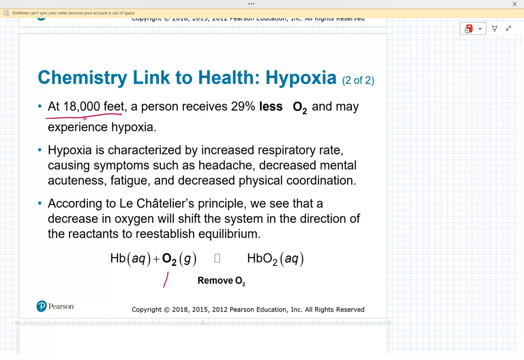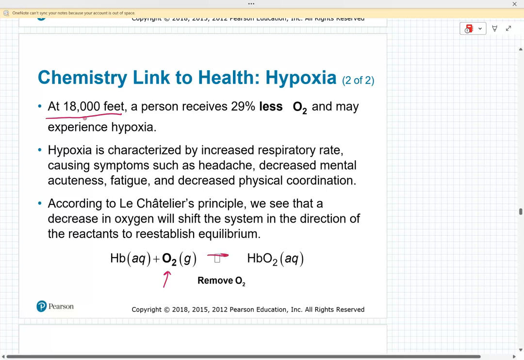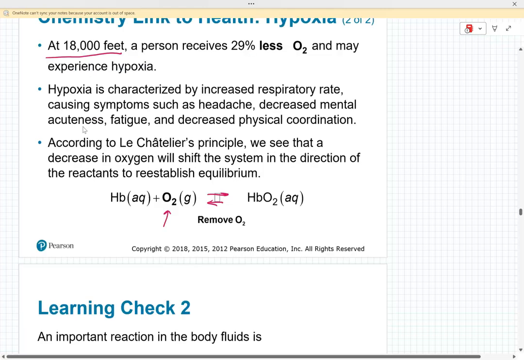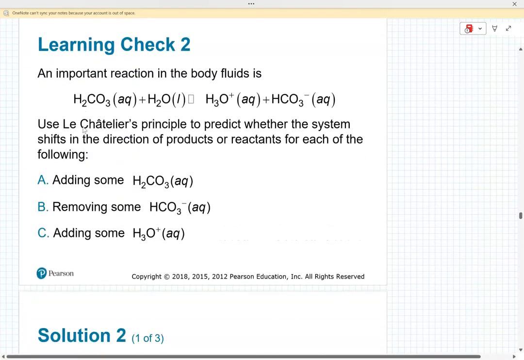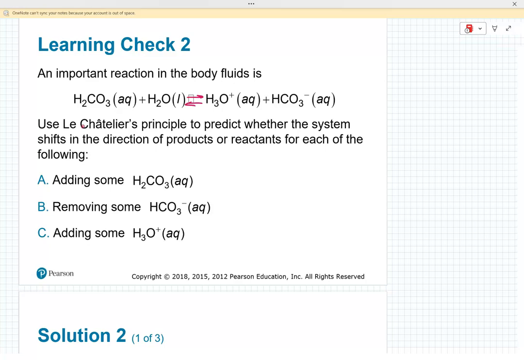Because the concentration of oxygen is low, making sense? And the rate of the forward reaction is not that much greater than the rate of the reverse. So, this is indeed one of the most important chemical reactions in the human body.